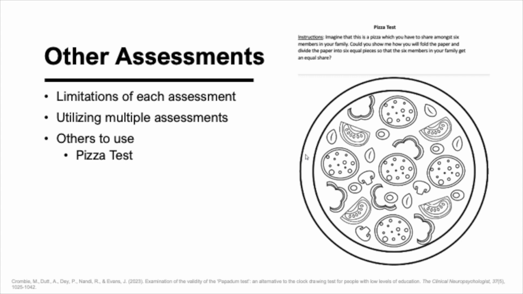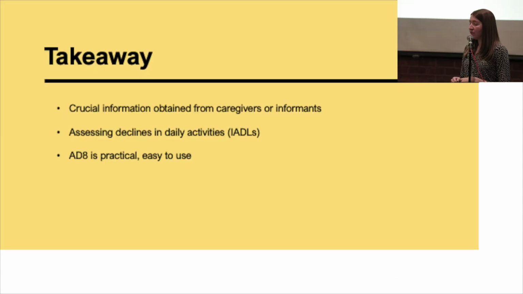Just to conclude, we know that these caregivers, care providers, and informants have crucial information to share about their loved one's cognitive changes. But these routine dementia screening measures aren't really based on input from these individuals. So keep in mind that there are some tools that get input from them that could be really helpful. It's particularly important to pay attention to changes in daily tasks, those instrumental activities of daily living, because those are likely to be the first to decline for those with cognitive impairment.